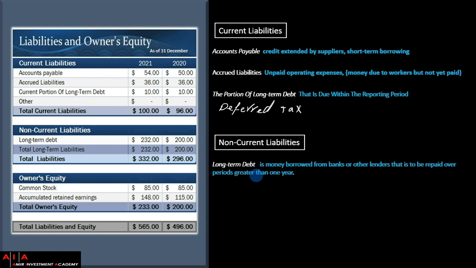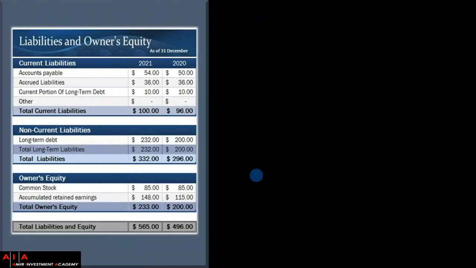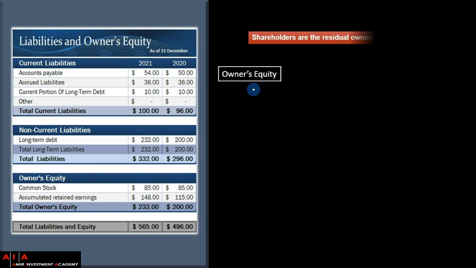All right, let's move on to the owner's equity. Now, owner's equity is the other way of financing the assets. It is sometimes called shareholders' equity, and it's important to know what we mean by shareholders. Shareholders are the residual, this is the key point, residual owners of the company.